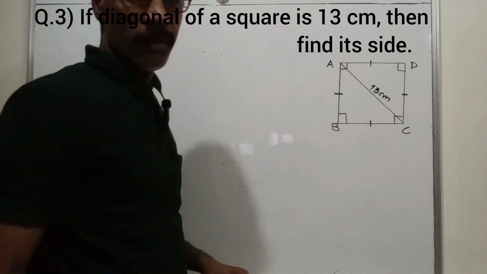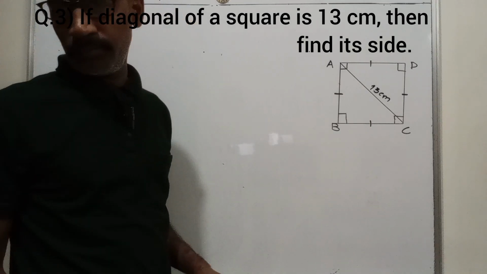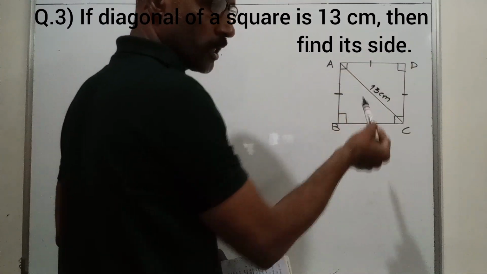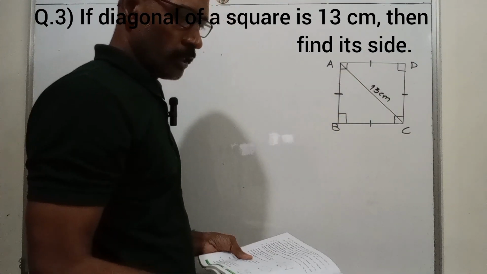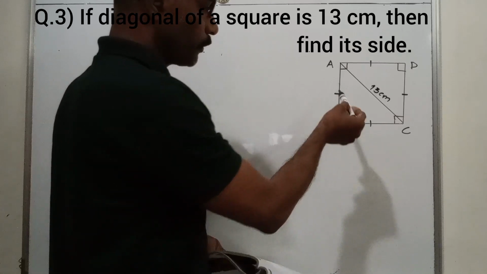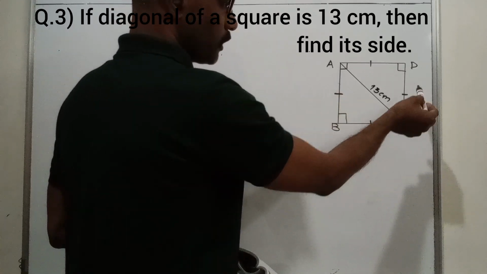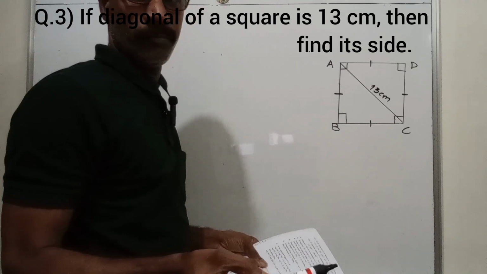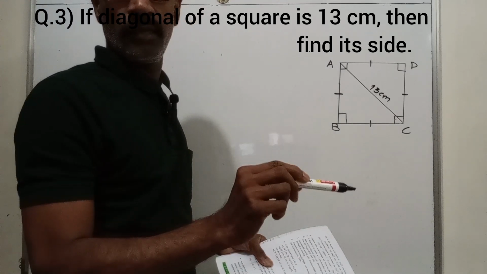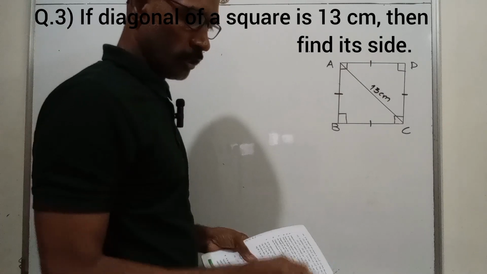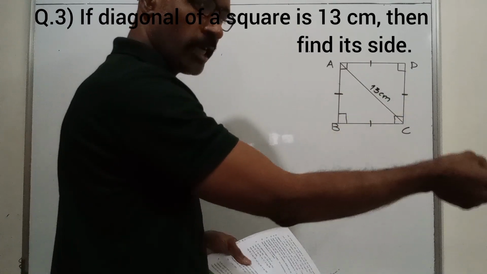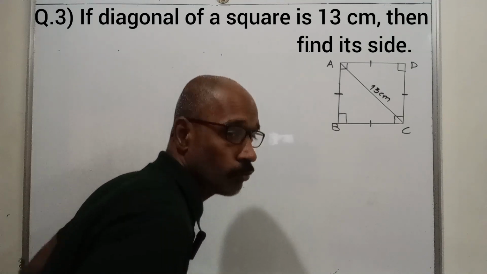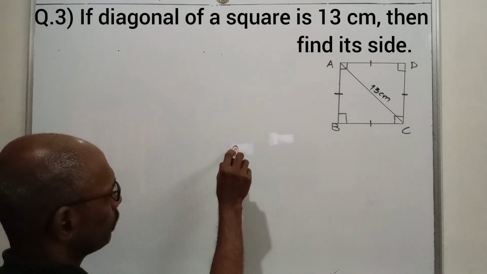When we find the length of any one side, then we say that all the sides of the square are congruent. Therefore, AB is equal to BC is equal to CD is equal to AD. Then the length of each side is that value. Now, see this carefully. This is a square.